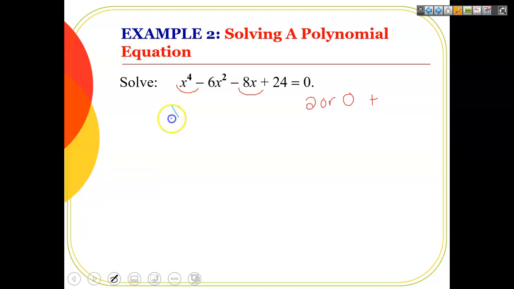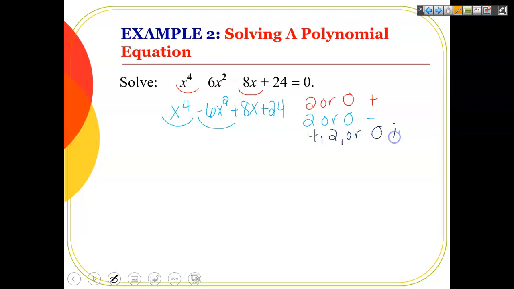Plugging in a negative x, we have x to the 4th minus 6x squared plus 8x plus 24. So that gives 1, 2. So that means you could have 2 or 0 negative, which means I could have 4, 2, or 0 imaginary.